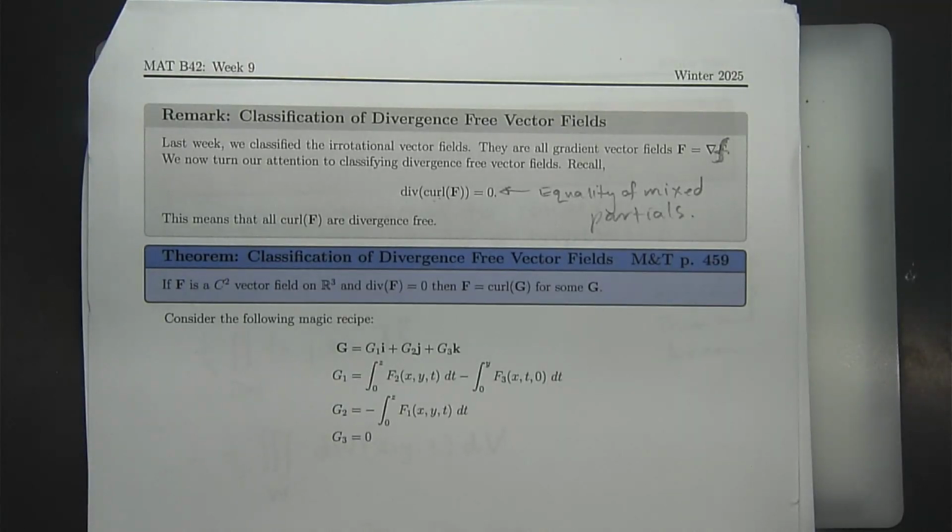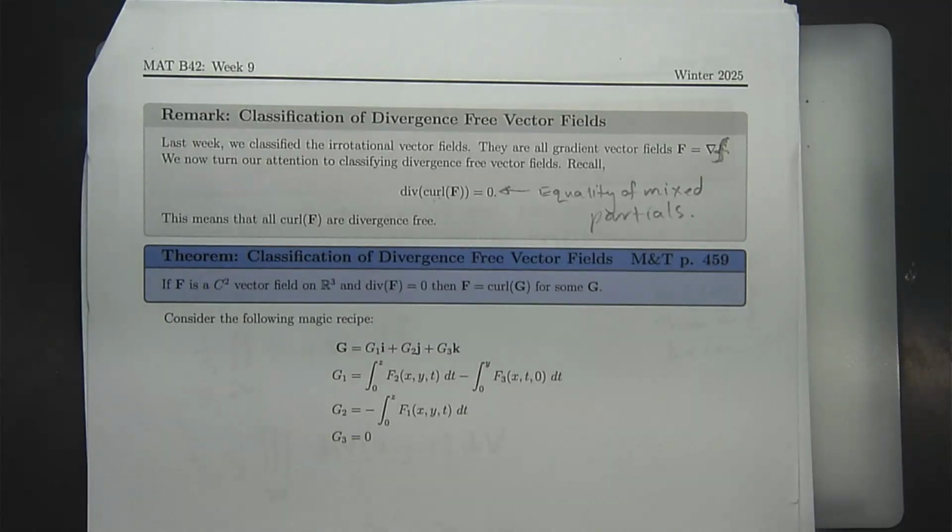Could there be any other divergence-free vector fields? Right, we found that all the curls are divergence-free, but could there be others? And it turns out that no. These are somehow the only examples. All examples of divergence-free vector fields are actually curls. Kind of a nice theorem.